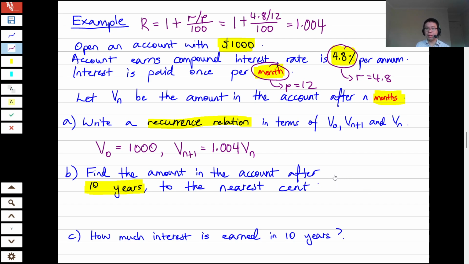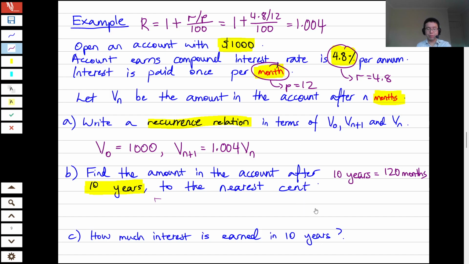So we need to remember that 10 years is 120 months before we do this question. Okay? So we actually want to find V120 rather than V10. Because now my recurrence relation is defined in terms of months rather than years.